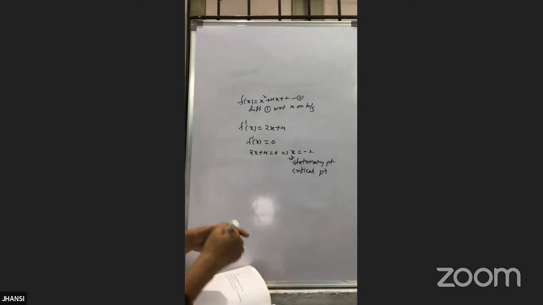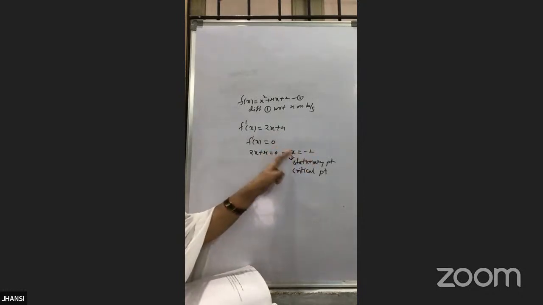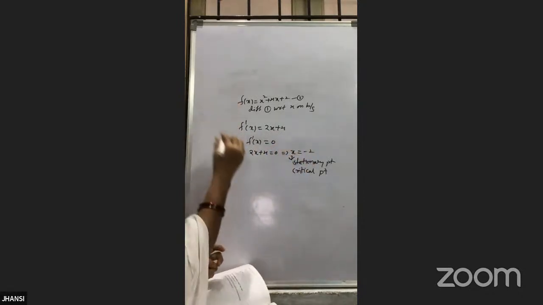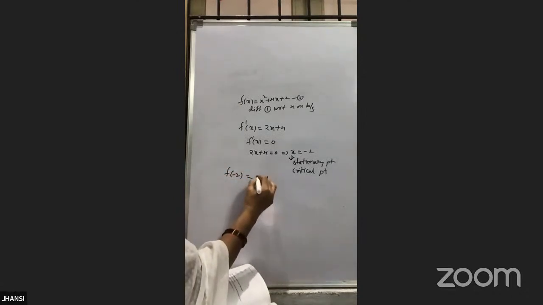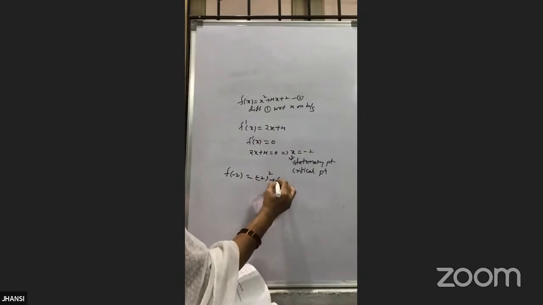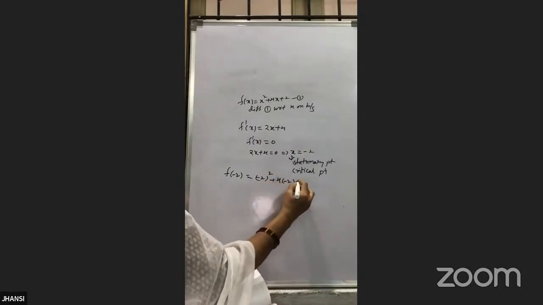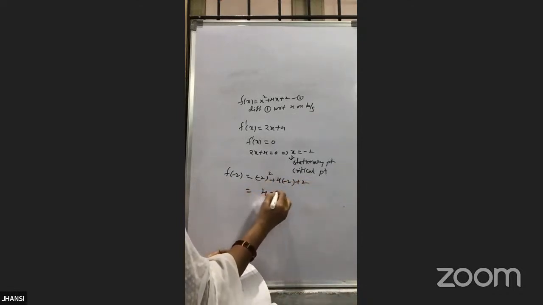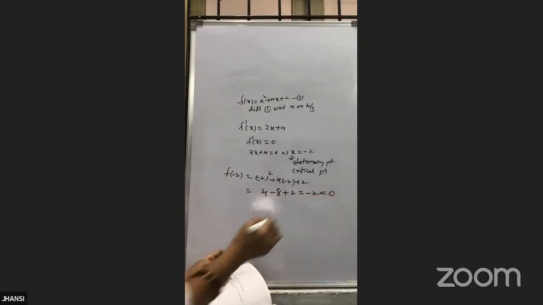Now, whatever the x value is, substitute that value in f of x. So f of minus 2 equals minus 2 whole square plus 4 into minus 2 plus 2. So it is 4 minus 8 plus 2, and you will get minus 2, which is less than 0.